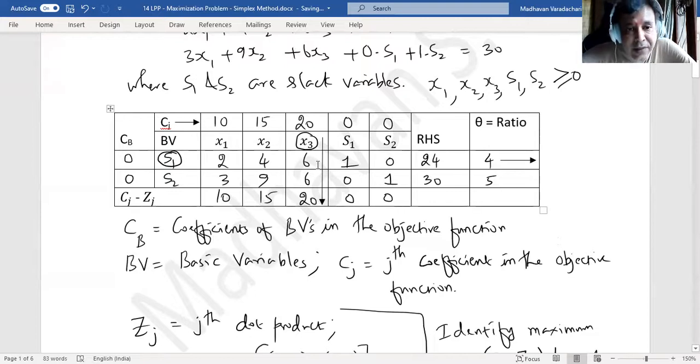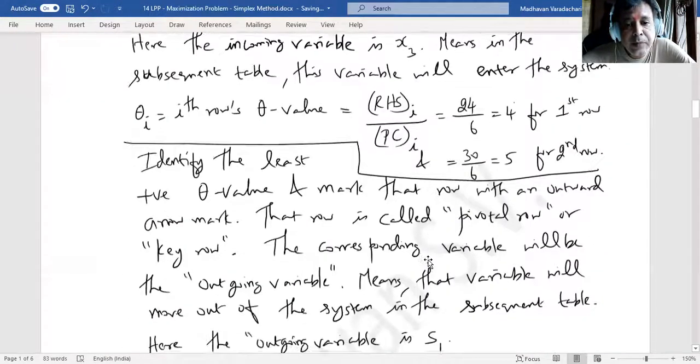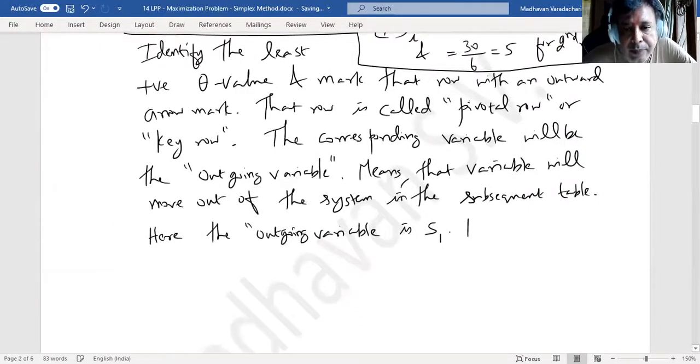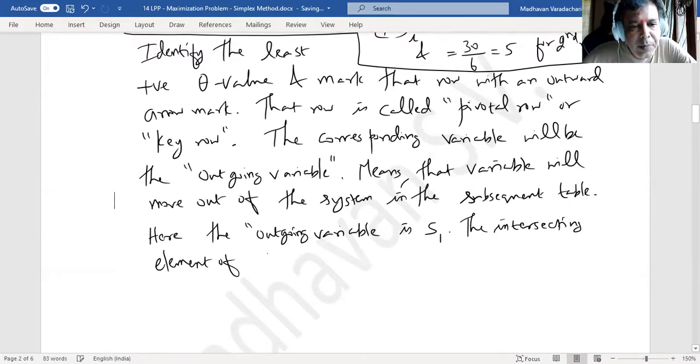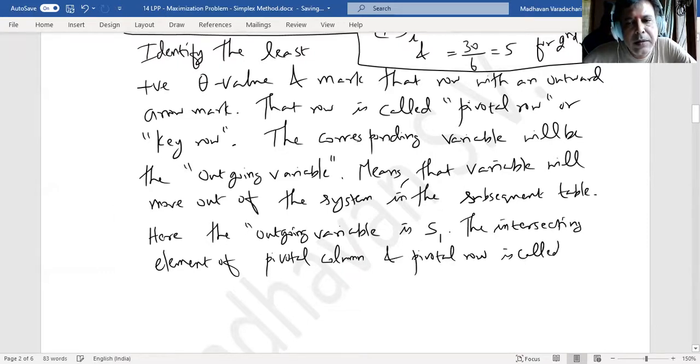So the intersecting element, we call it as pivotal element. The intersecting element of pivotal column and pivotal row is called pivotal element.